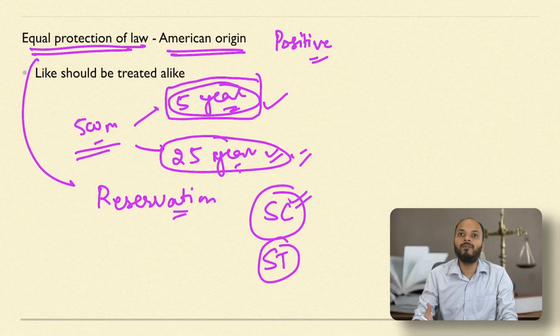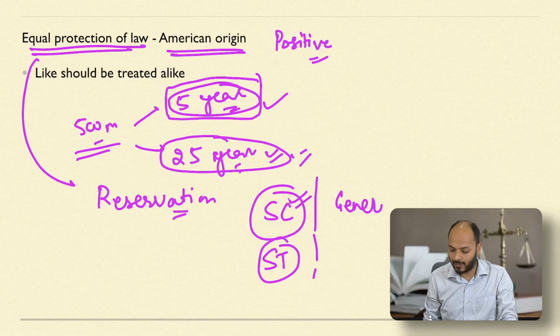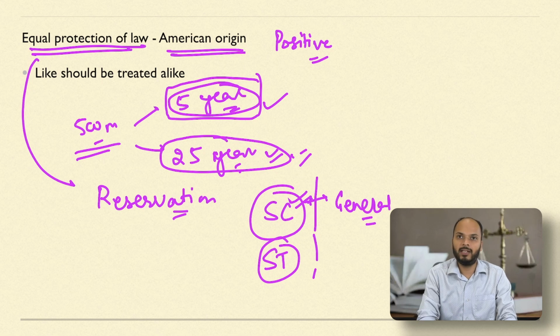If you don't give them any additional support, then they will not be able to compete with the general category community, and hence they will never be able to come at par with the general category. So the concept of reservation also emerges from equal protection of law.